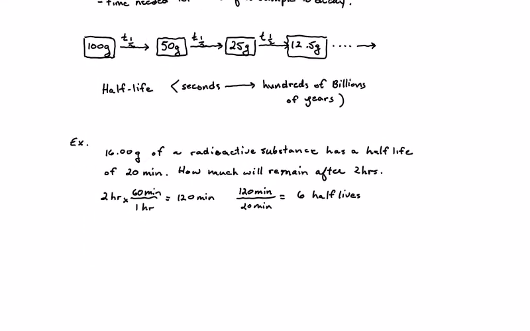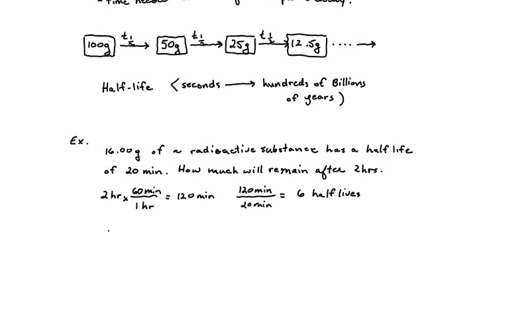So let's think about this. We start off with 16 grams. After the first 20 minutes, we're down to 8 grams. After the next 20 minutes, we're down to 4. After the next 20 minutes, we're down to 2 grams.